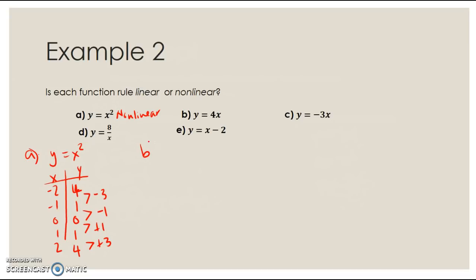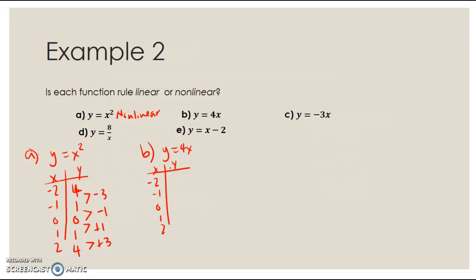And then we have b, so we have y equals 4x. Again, I'm going to make my table, so -2, -1, 0, 1, and 2. This provides me with enough points to get an idea on whether or not it is truly a function.